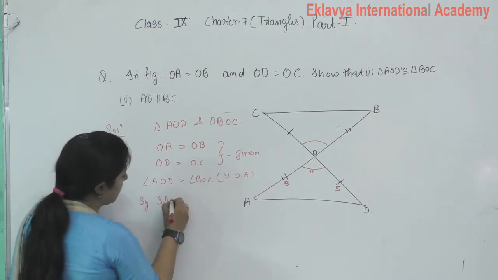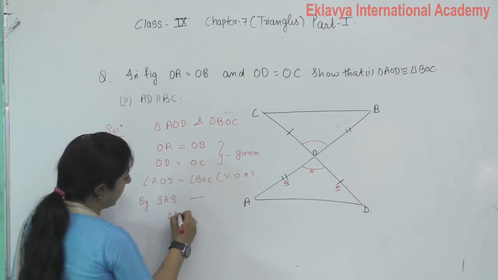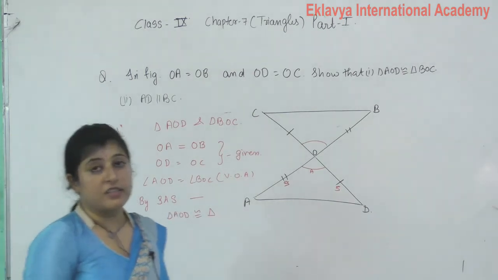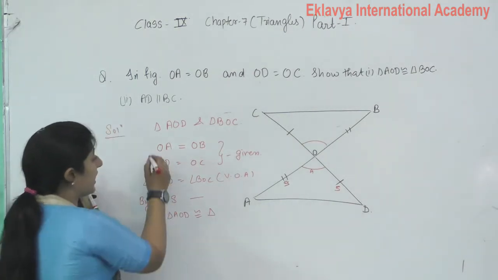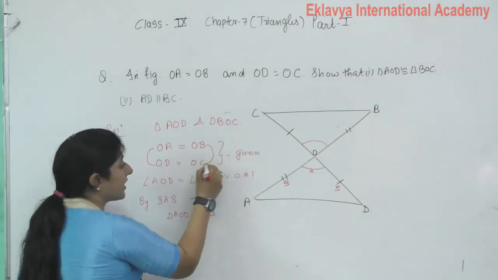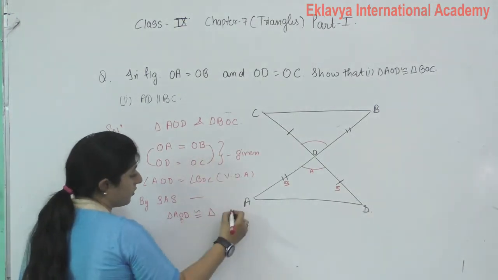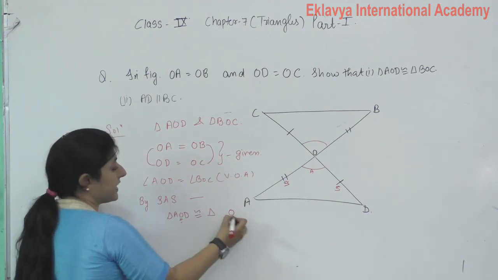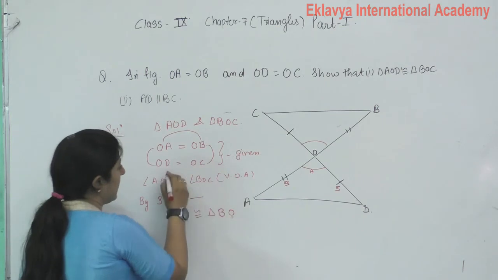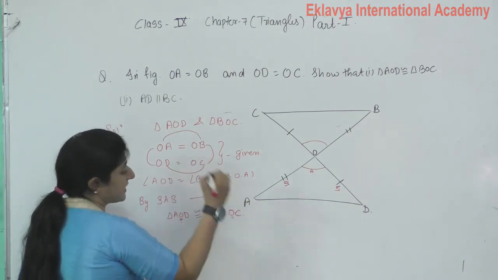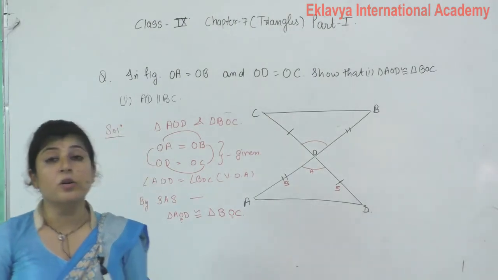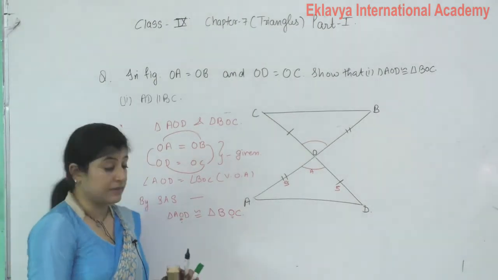Then by SAS, triangle AOD is congruent to triangle... Stop here. Now check it. Here the common vertex is O, and here also the common vertex is O. It means with O we take O in the second place. Then with A we have B, and with D we take C. It means triangle AOD is congruent to triangle BOC.